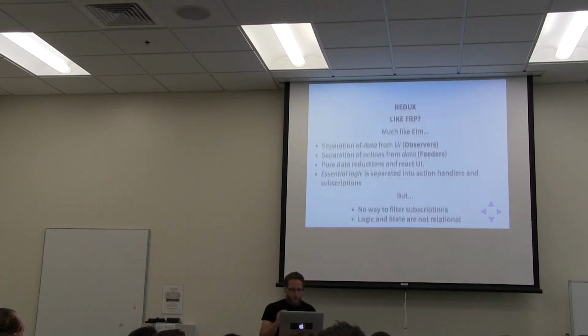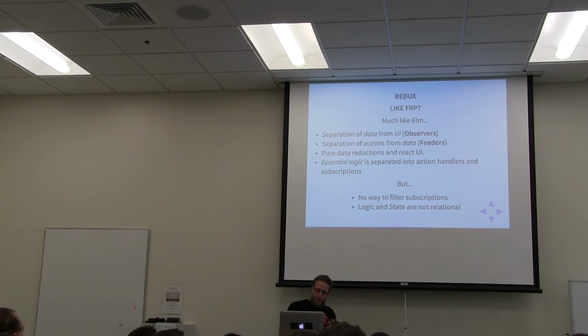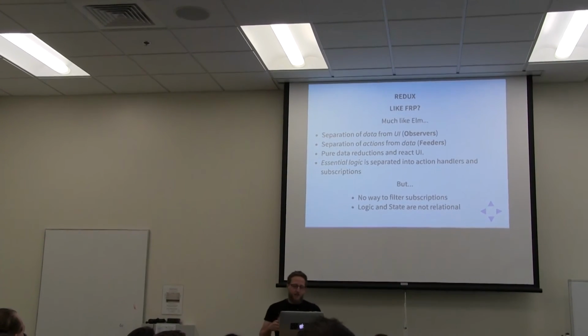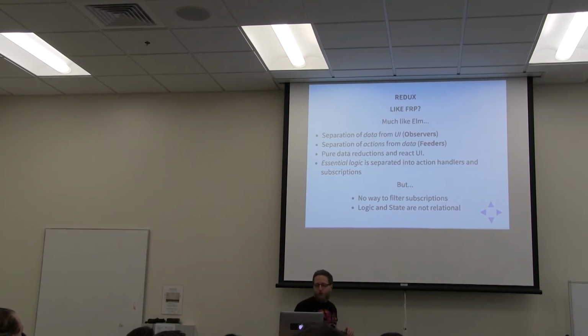So when we talk about how much it's like FRP, like Elm, we get a bunch of those separations: okay, we got the view over here, we got the update, that's good, and we get to add in that we have subscriptions. Now, there's no filtering in subscriptions, but you can add it on top. But it's not composable.